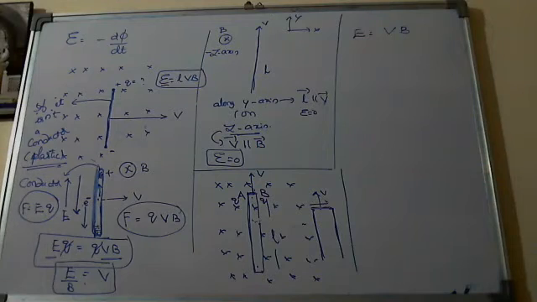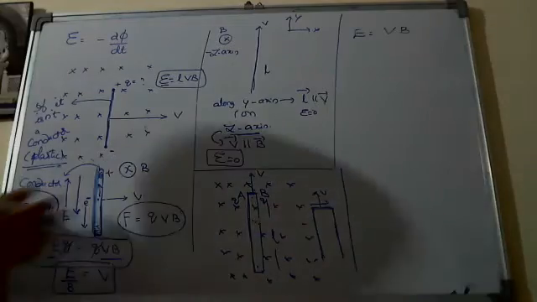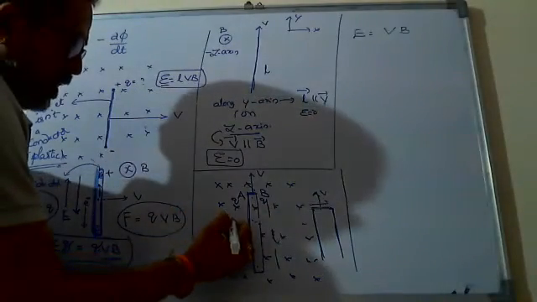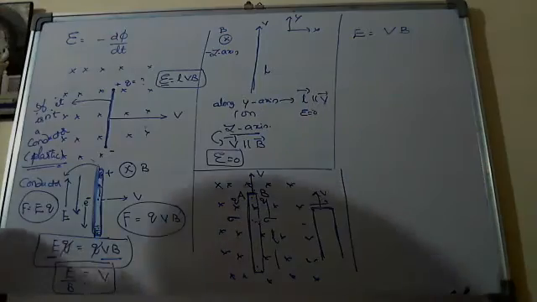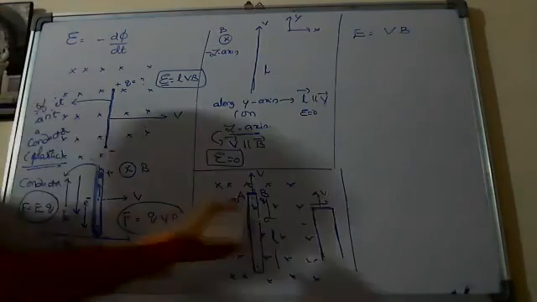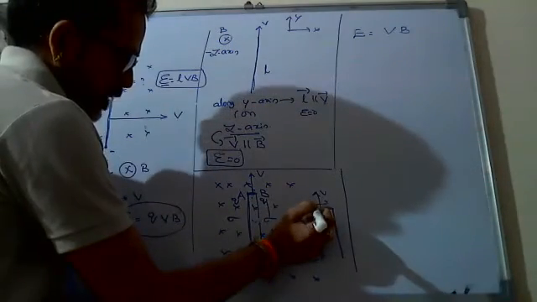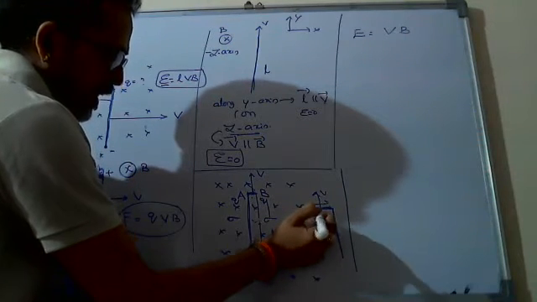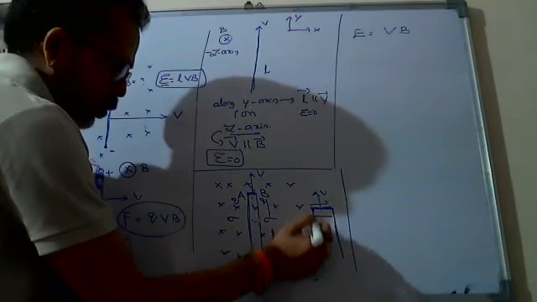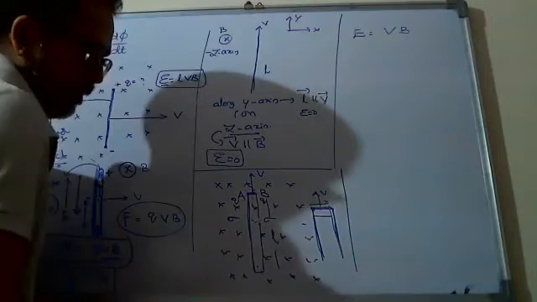Then obviously, what I asked: what is the surface charge density on the two ends? Simple. Suppose the electric field is induced in this direction. It appears like the electric field between two plates of a parallel plate capacitor.